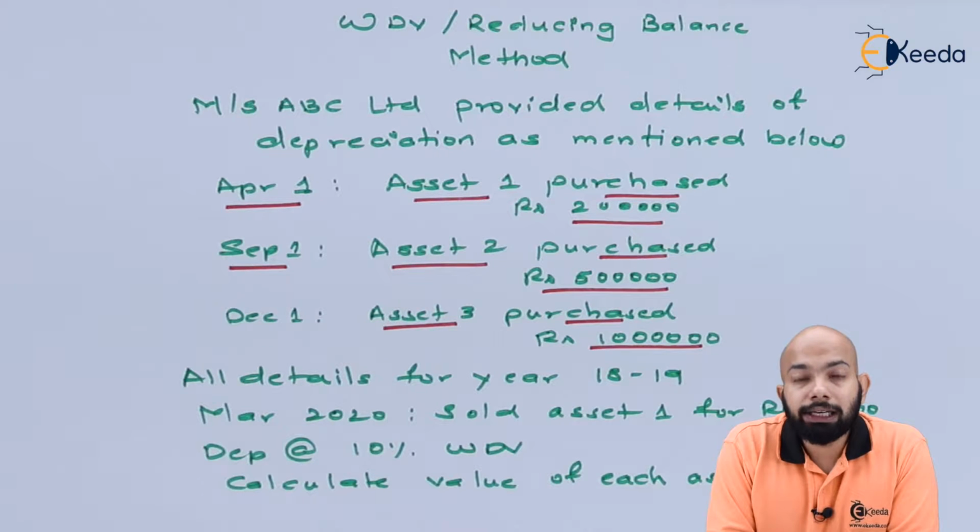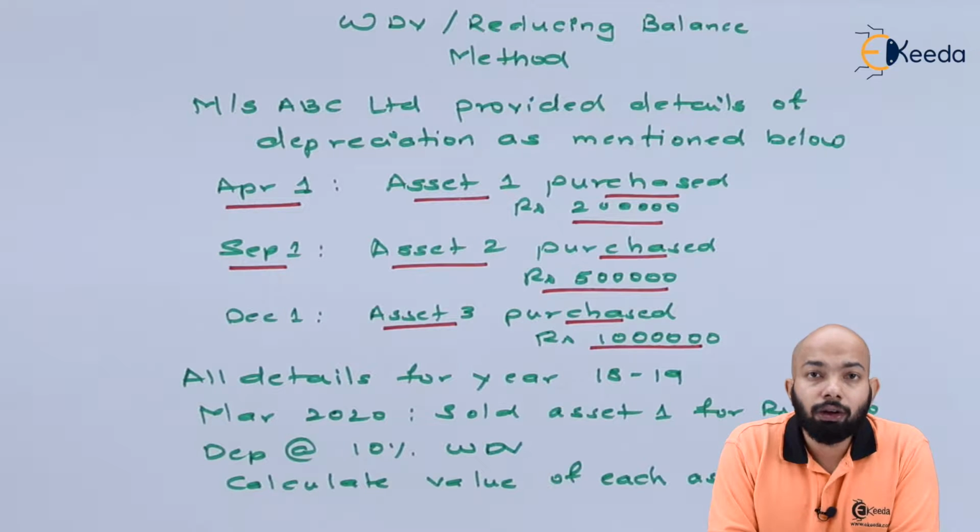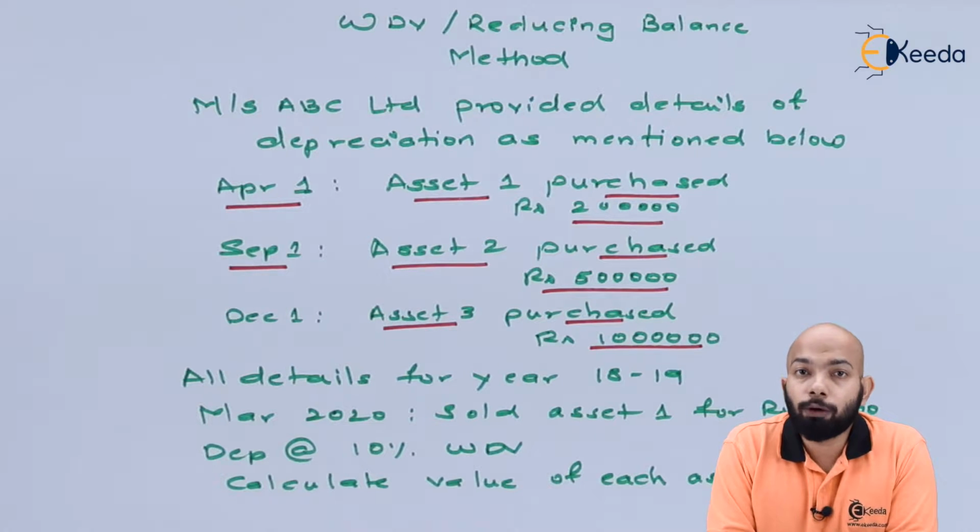We have to calculate the value of all the assets available with us by the end of March 2020, that is, for financial year 19-20. And as there is a sale of an asset here, we have to figure out whether there is a profit or loss in this question or not.